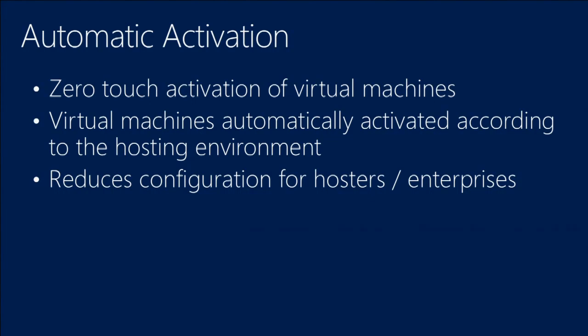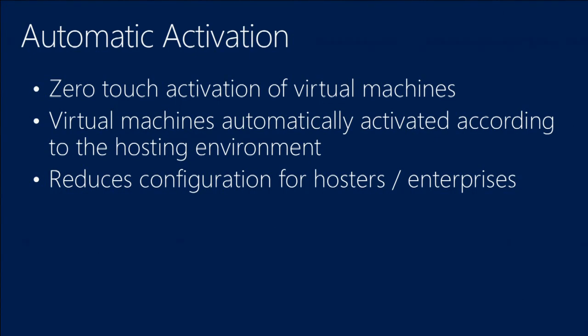With Windows Server 2003 R2, we changed the way that we licensed Windows Server. A lot of people don't realize that we did it all the way back then. But 2003 R2 was the first version of Windows Server where we said, hey, what we're going to do now is we're going to tie a number of free rights for running Windows Server in a virtual machine to the different SKUs of Windows.